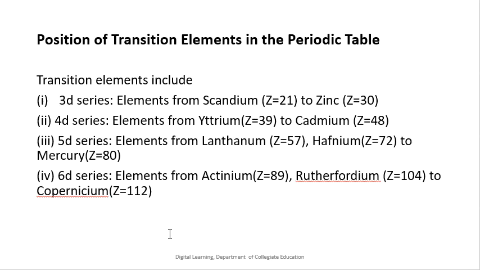The last transition series is the fourth transition series, or the 6d series, which has elements from actinium with an atomic number of 89, followed by rutherfordium with an atomic number of 104 to copernicium with an atomic number of 112. The members present in the 6d series are radioactive and do not occur in nature. This means these elements are artificially made in the laboratory.